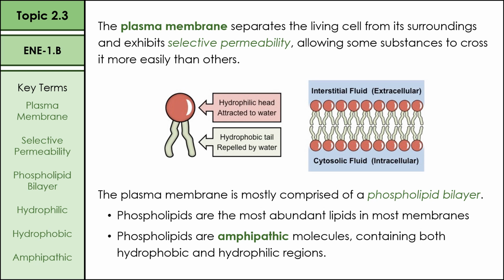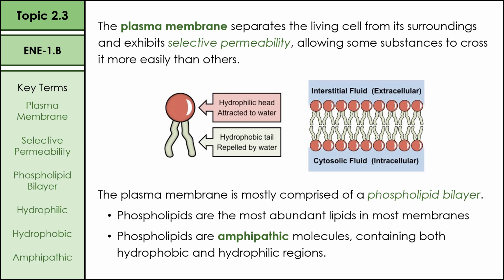They don't like water. So this creates what we call an amphipathic molecule, where we have both hydrophobic and hydrophilic regions within the same molecule. With this bilayer, essentially all of the heads that are attracted to water will orient themselves so that they are facing those fluids.